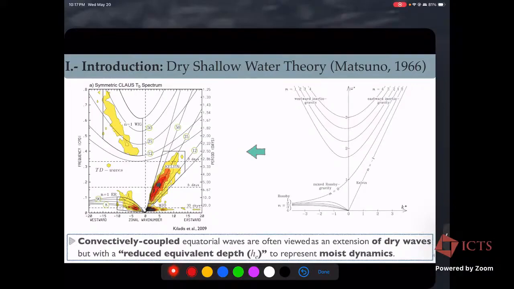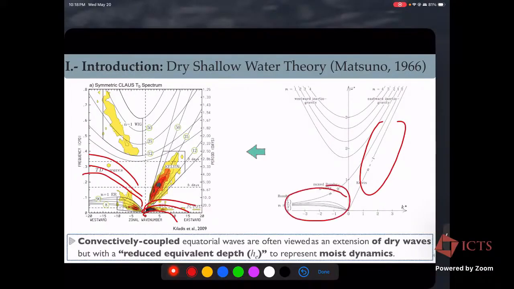A clear example of that is, for instance, that there doesn't exist a dispersion curve for the Madden-Julian oscillation. We don't have a dispersion curve, for instance, for the TD-like disturbances. But the other wave, the Kelvin wave, for instance, can be predicted by the theory. And you can also say, oh, of course, the equatorial Rossby waves can also be predicted by the dry theory.